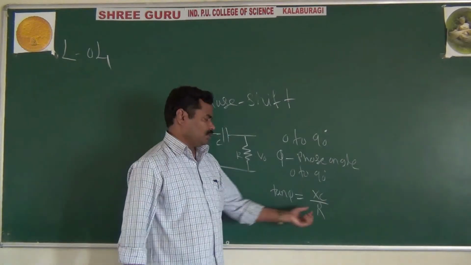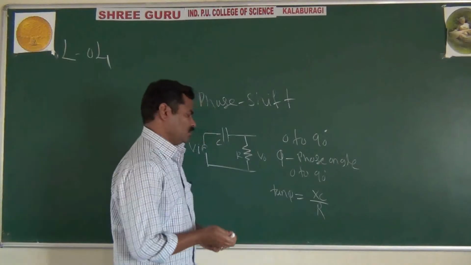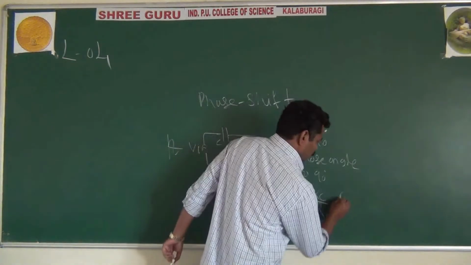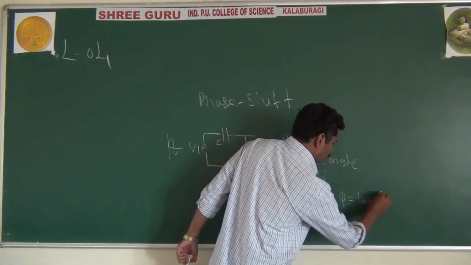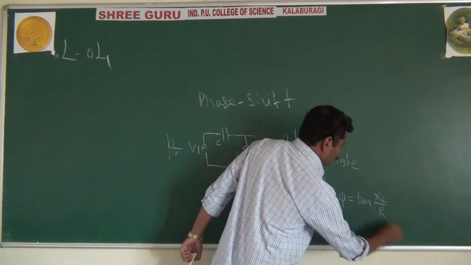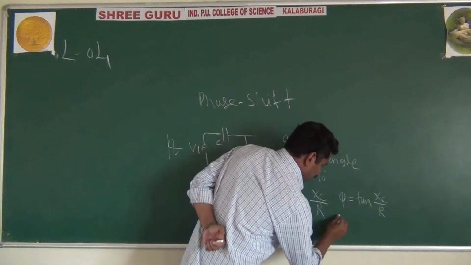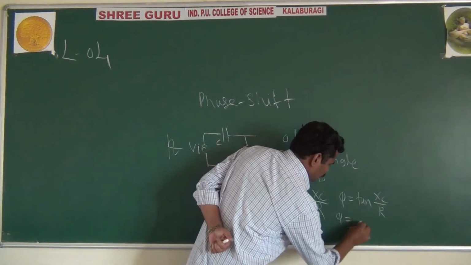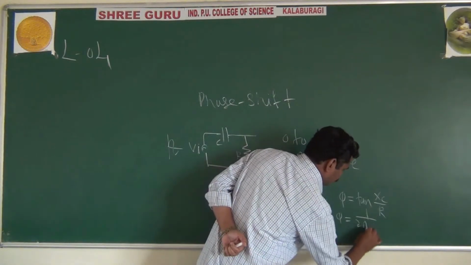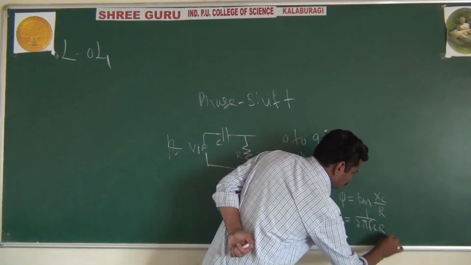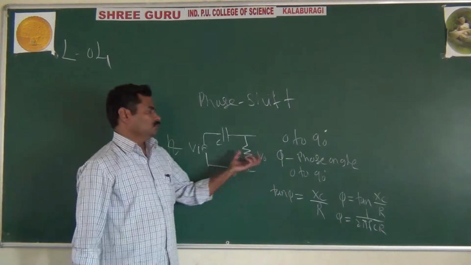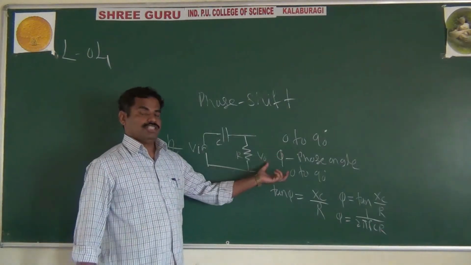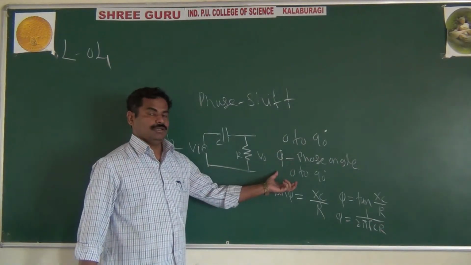So phi equals tan inverse of Xc by R, or you can also write phi equals 1 divided by 2 pi f C into R. This is the formula to find the phase angle.